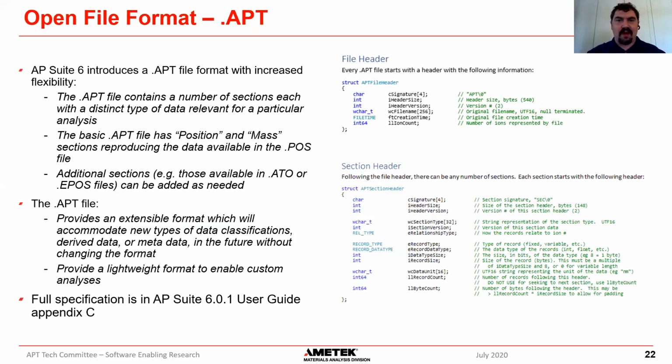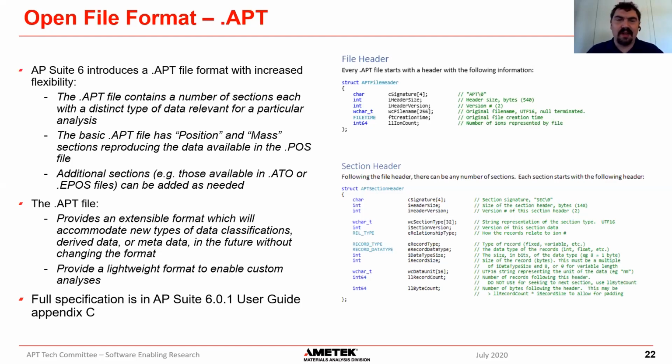I also want to talk about our APT file format, which instead of sticking with POS and EPOS for our reconstructed data, we've moved to this new format called APT. I wanted to have a format that was expandable. So instead of having a fixed number of records in the data file, now you can add as many of what we call sections as you like to the end of an APT file. And the format is very clear, and there's nothing weird.